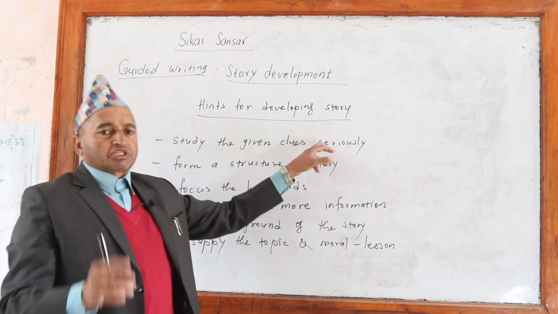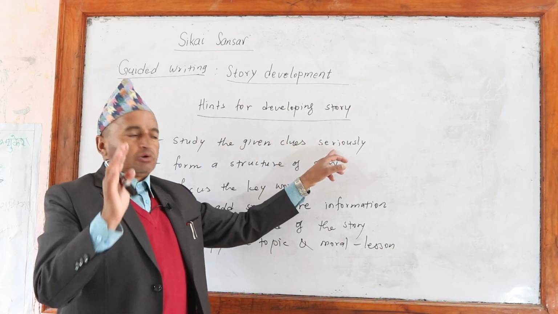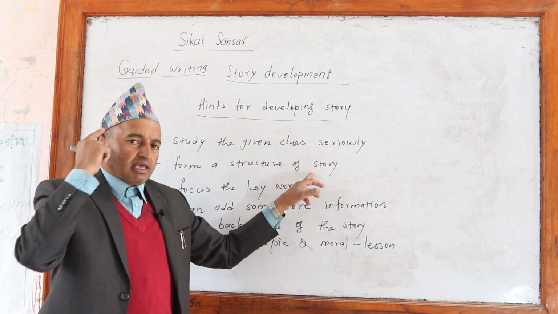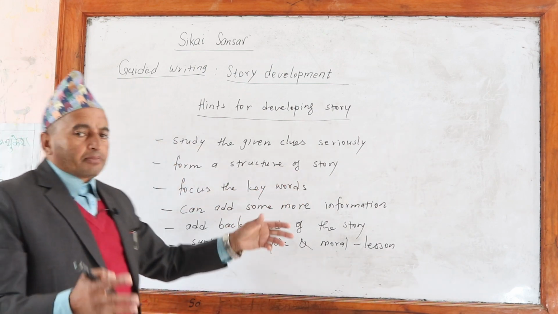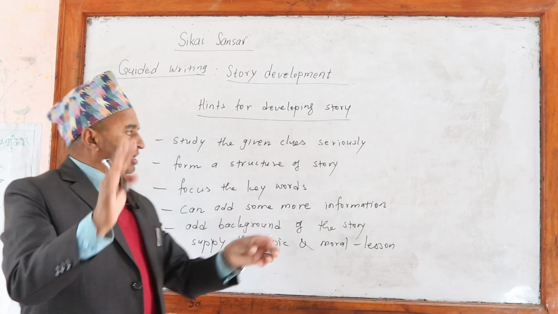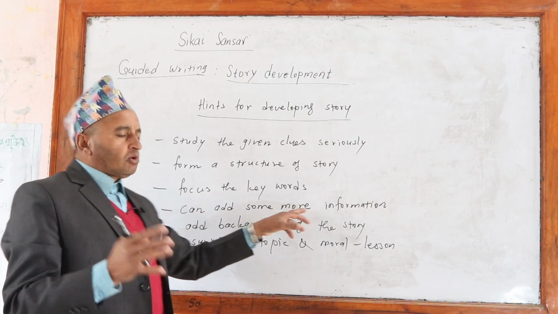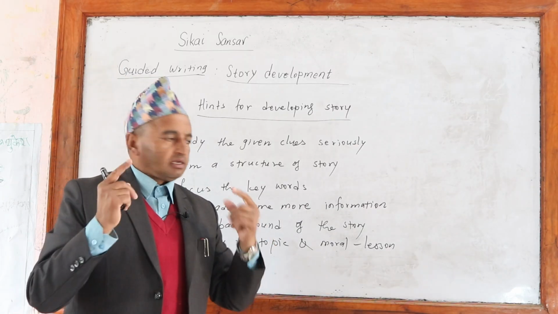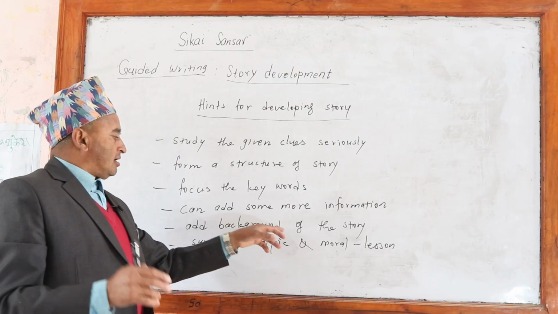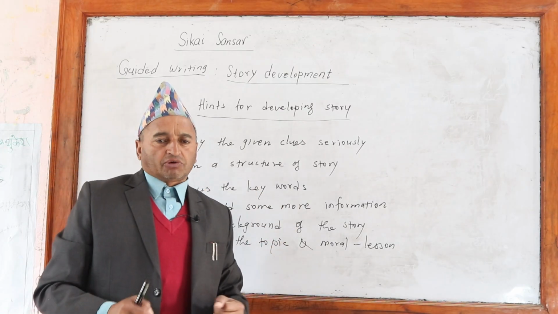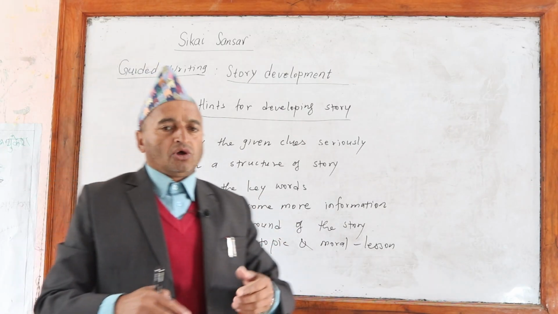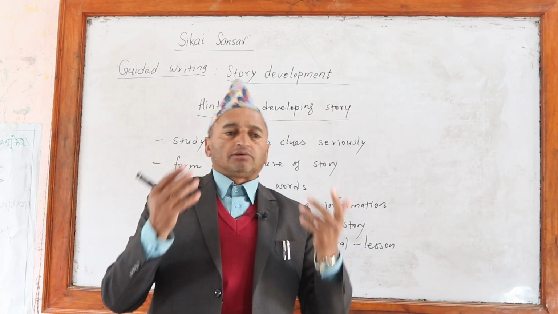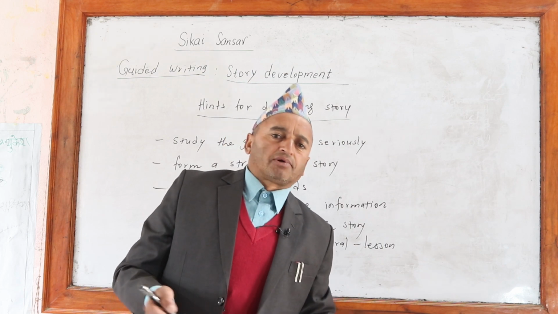First of all, students have to read the given clues seriously. While reading, they have to form a structure of the story in their mind, then focus and underline the keywords. After that we can also add some related information to make our story exciting. Then we have to add the background of the story. Only the starting is given there, and without a background the story becomes incomplete, so we have to imagine and add the background.